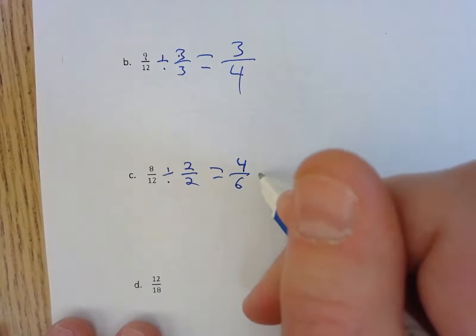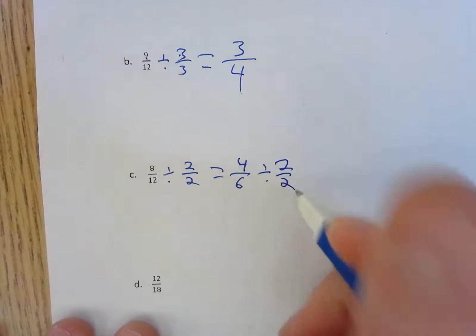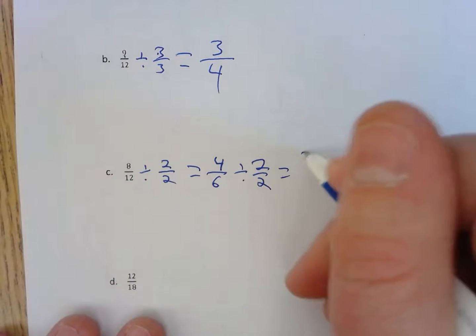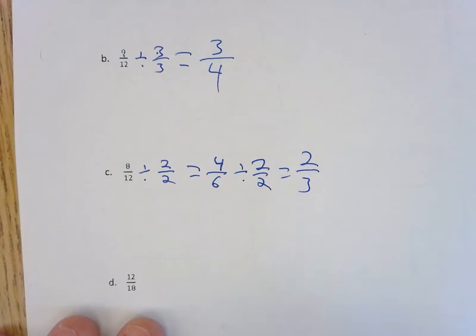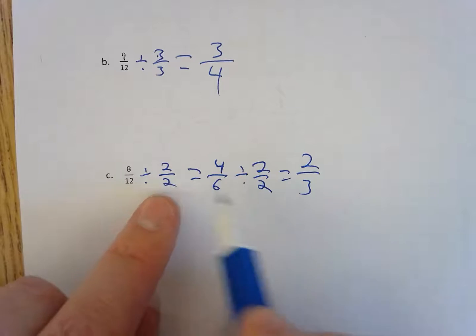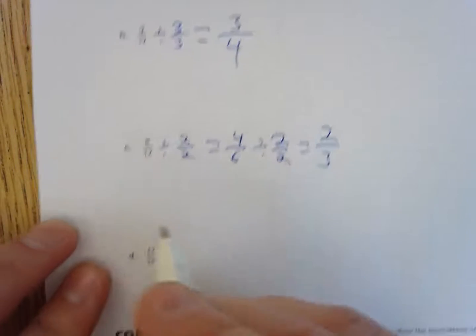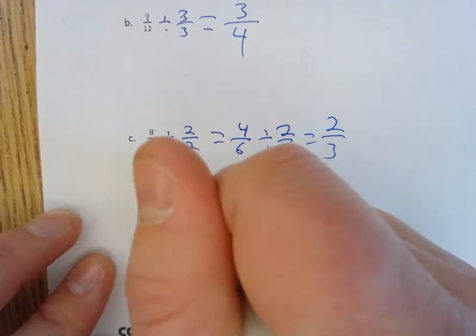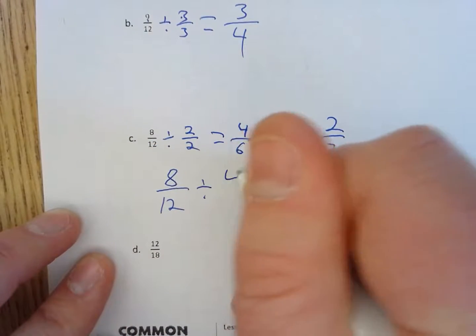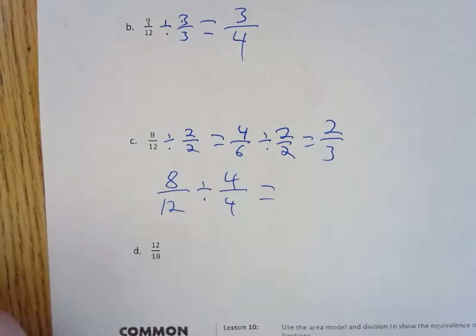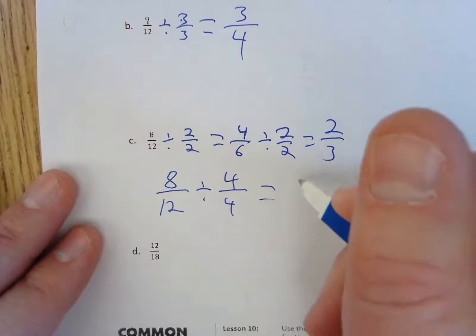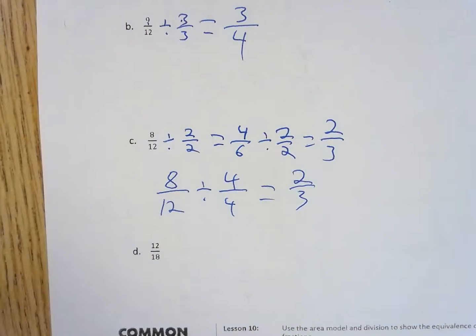So I can divide them by 2 over 2 again because they're even. And that's going to give us 2/3. So because we divided by 2 and divided by 2, if we multiply those together, we get 4. So if I were to have done it like this, 8/12 divided by 4 over 4, that's our greatest common factor of 8 and 12, and we get 2/3.